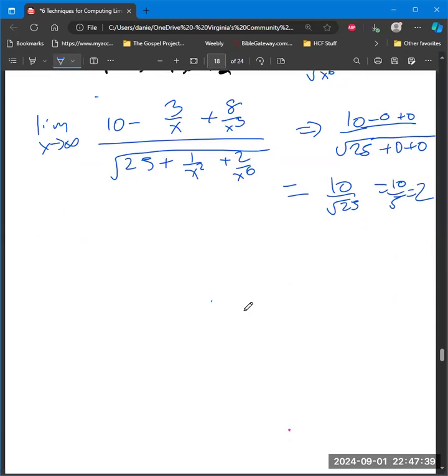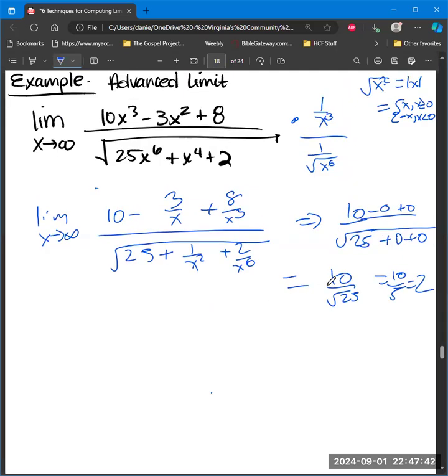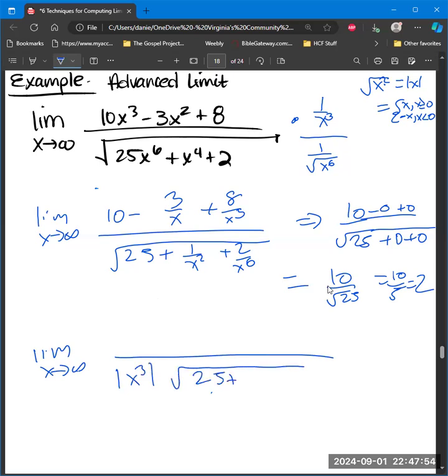All right. If you wanted to do it the other way with the pulling the x to the 6th out, I'll show you that. We're going to have the absolute value of x to the 3rd, square root of 25 plus 1 over x squared plus 2 over x to the sixth. And then this is 10x to the third minus 3x squared plus 8.